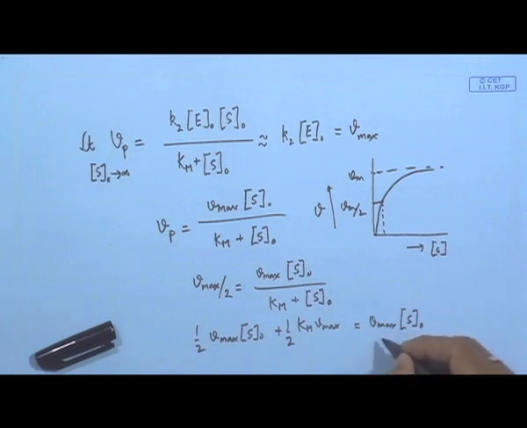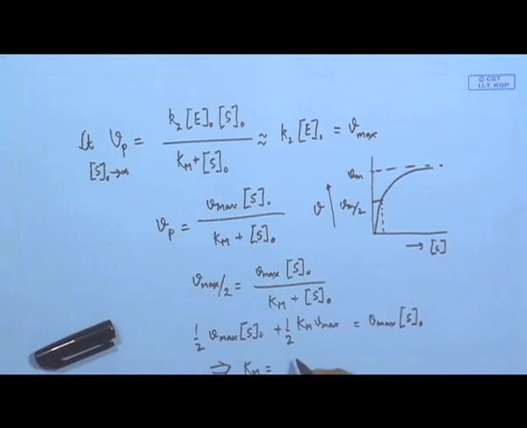If you cross out Vmax from both sides, Km is equal to S0, because when you transpose, half Vmax is 0, so Vmax gets cancelled.